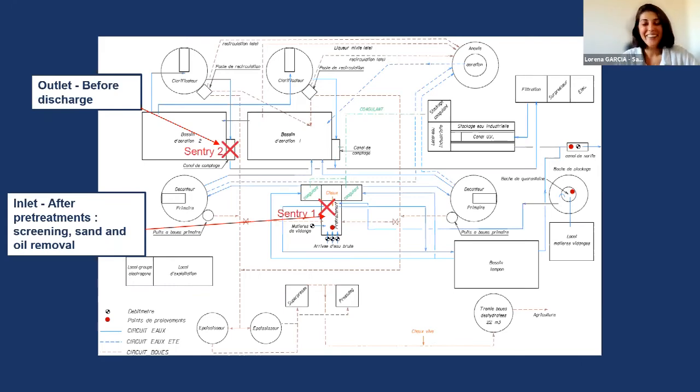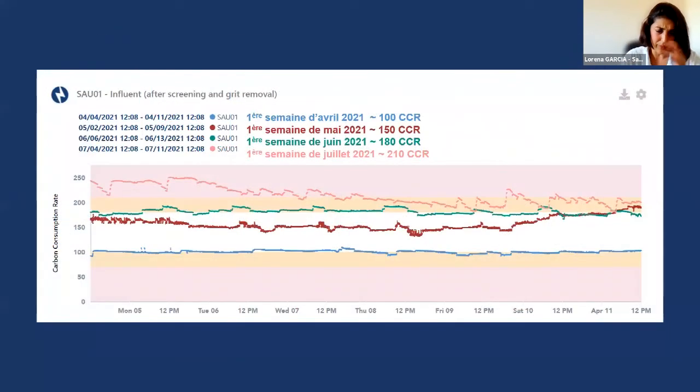What we were looking for was to know if there was any activity going on, especially from illicit discharges. Also, we could appreciate, for all the time that the probe was installed, how the loads would vary depending on the season.